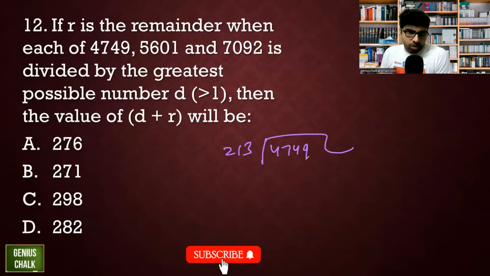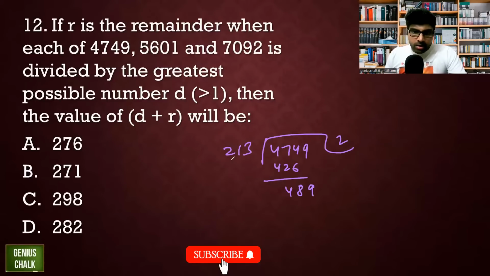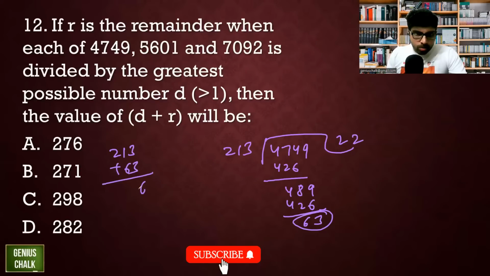If you divide 4749, there will be some remainder coming. So it is 2 times, approximately 426. This is 8. This is 489. Next is, I guess, 2 times again, 426. This becomes 3. This becomes 6. So 63 is there. So 213 plus 63. What has to be my answer? It has to be 276.